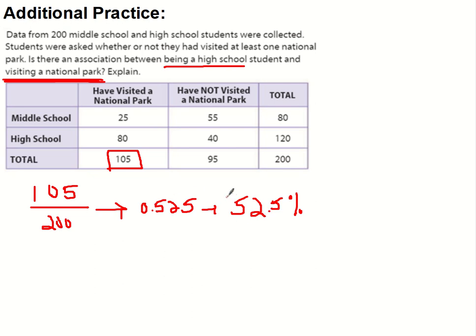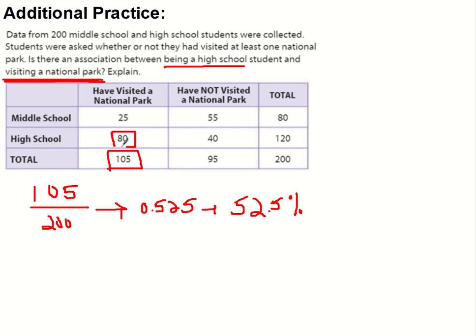So I want to figure out, is there an association with being in high school and visiting a national park? So now I want to figure out, of these 105 that have visited the national park, how many of them are high school students? Or instead of actually even doing that, now we can compare the relative frequency of visiting a park among high school students.